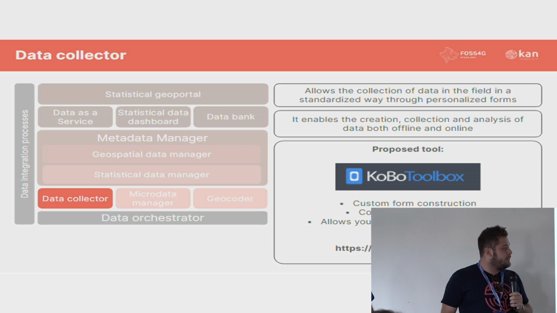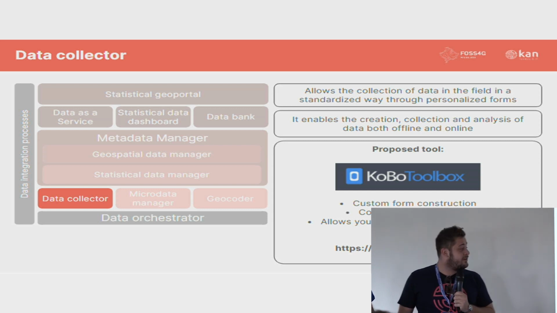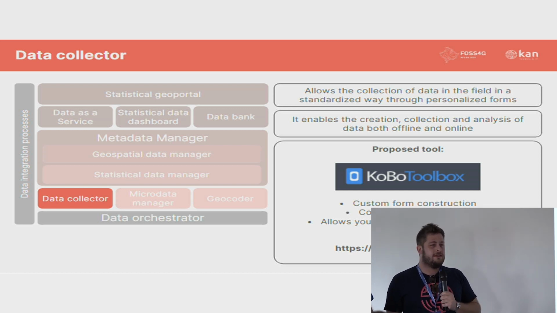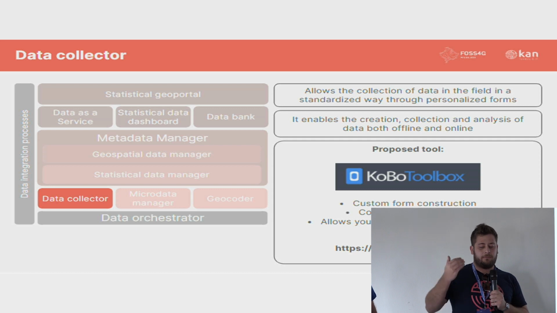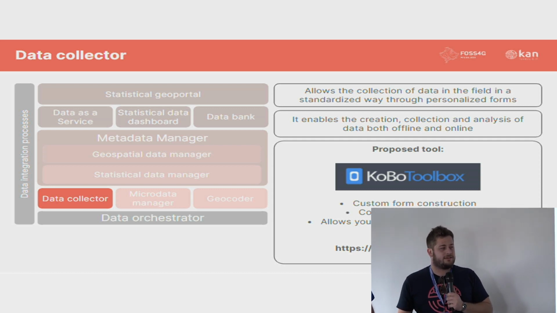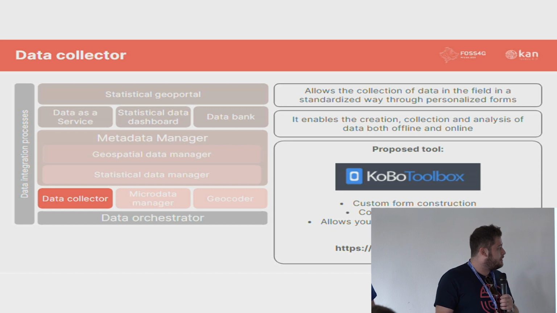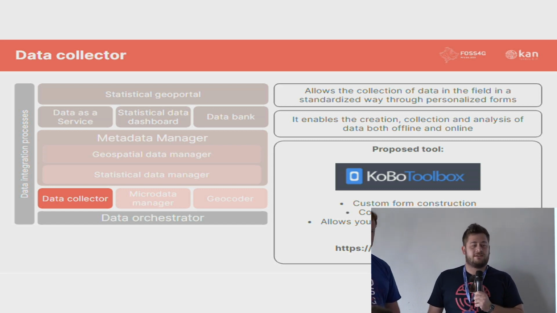Another good thing it has is data collection and analysis. It has an Android application, for example, or a web application where you can complete all of those forms, and visualize and analyze the data that you collected earlier. Also, Kobo Toolbox is made for challenging settings.